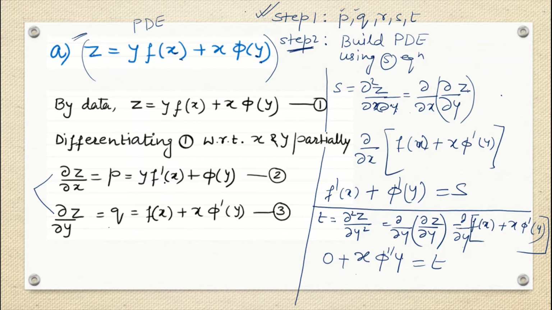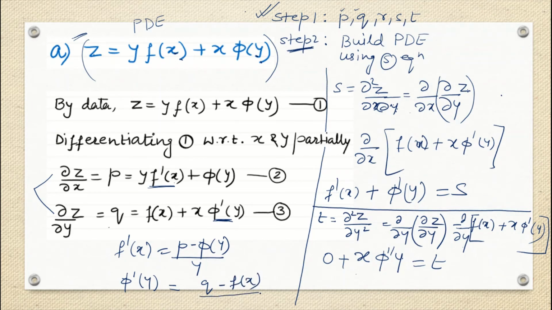From here, f'(x) is nothing but p minus φ(y) divided by y. And what is my φ'(y)? φ'(y) is nothing but q minus f(x), and then divided by x.